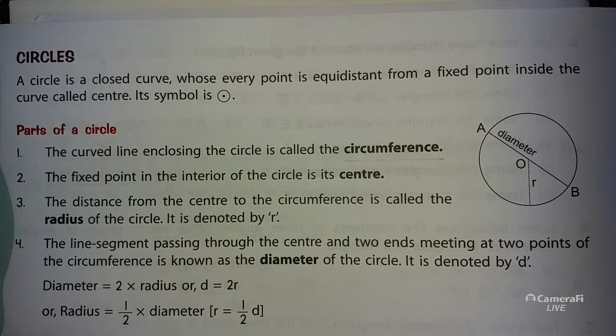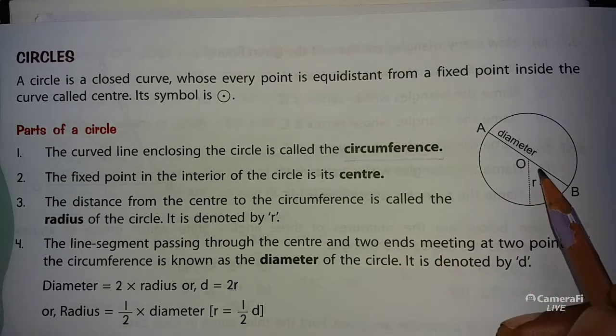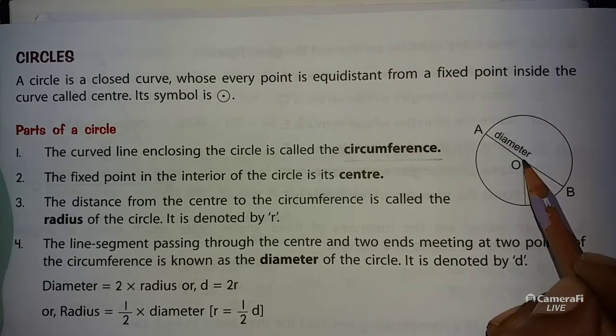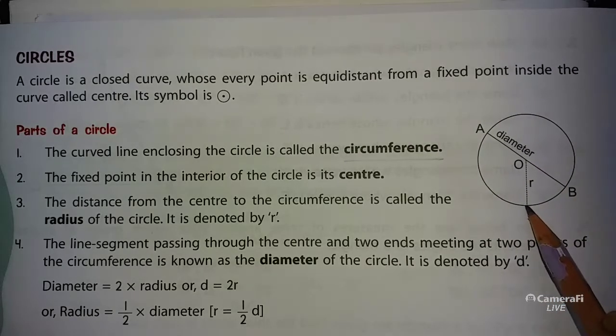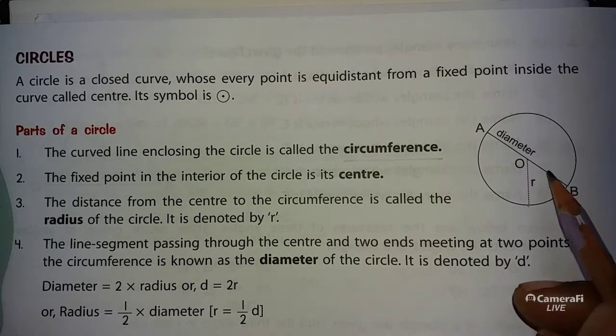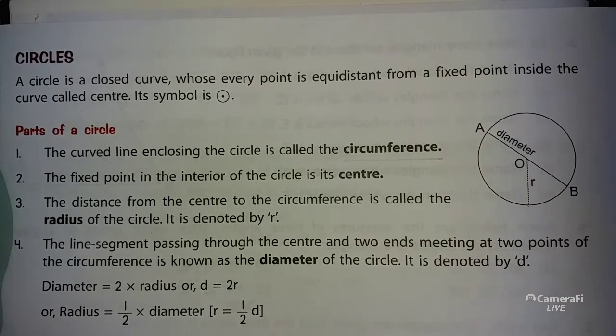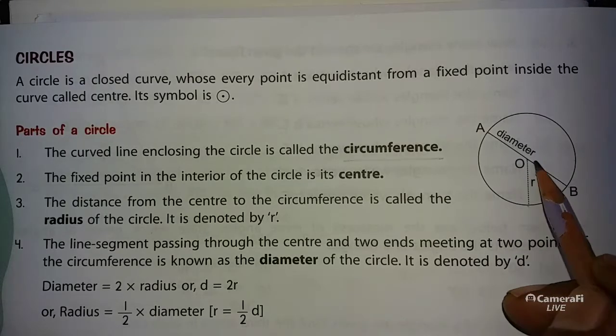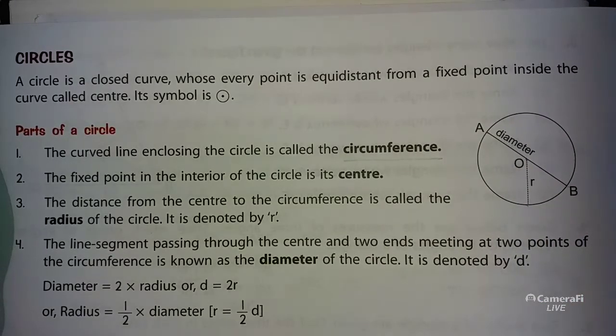Next, there is a fixed point inside the circle from where the distance to every point on the circle is the same. This fixed point is called the center. Here in the figure O is the point, that is the center of the circle.